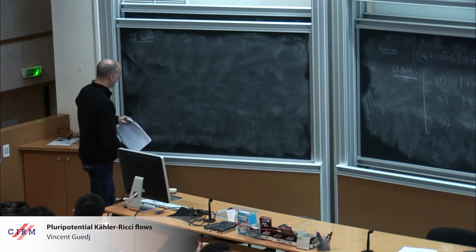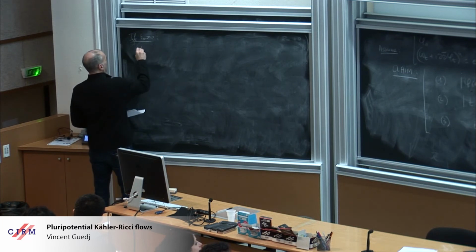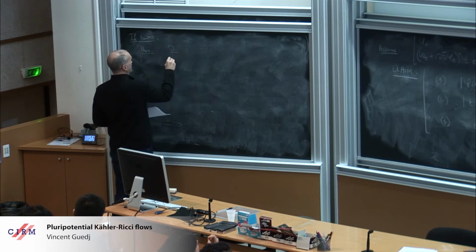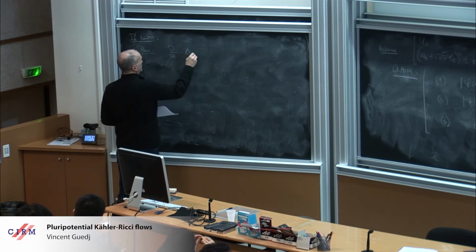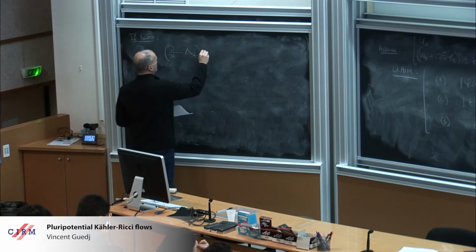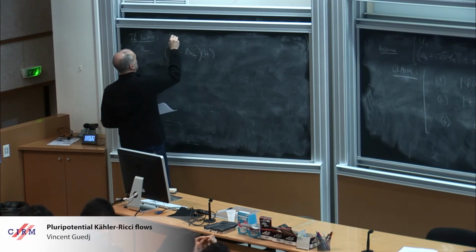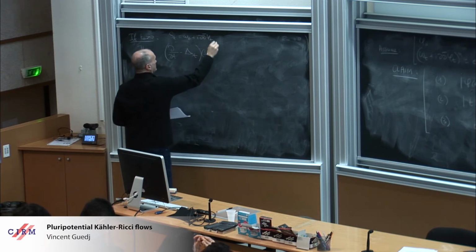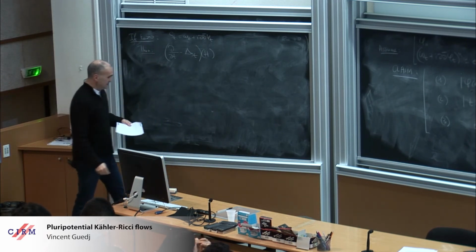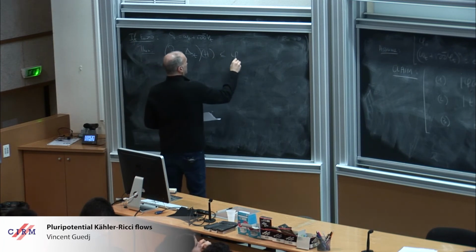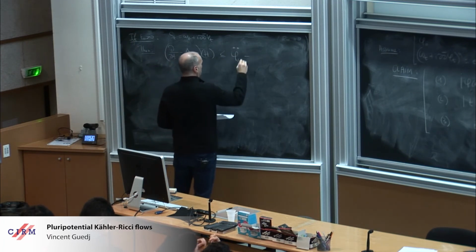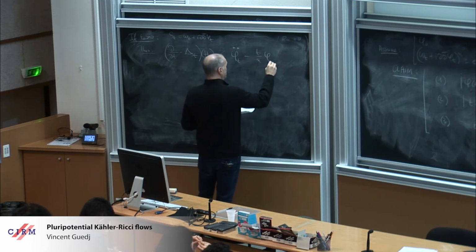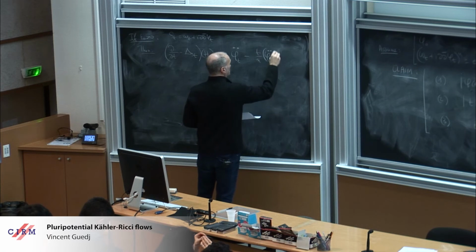Then I claim that if you apply the following heat type operator to the function h, so this is omega t plus i dd bar of phi t, then this is less or equal than phi t double dot minus t divided by n phi t double dot square.